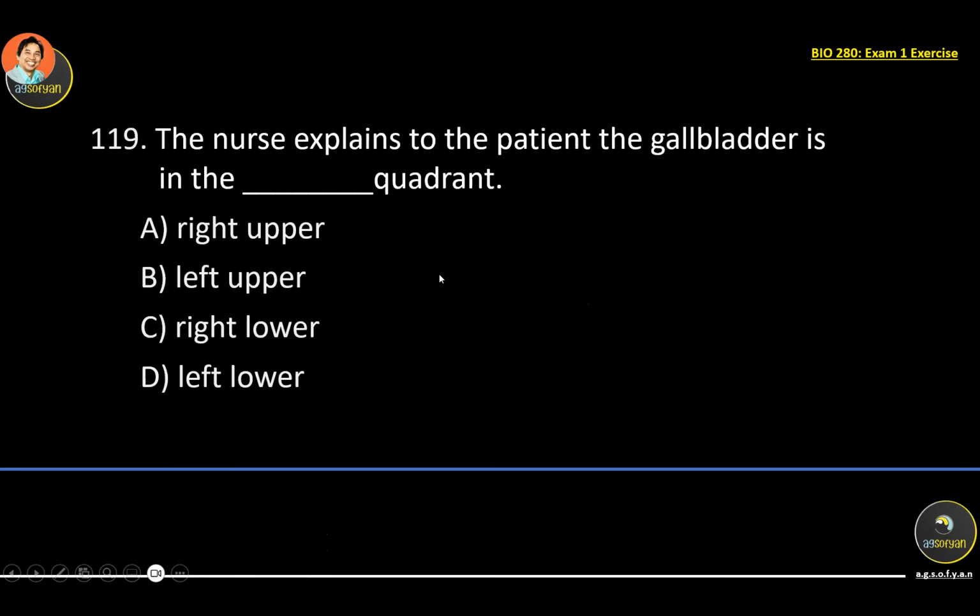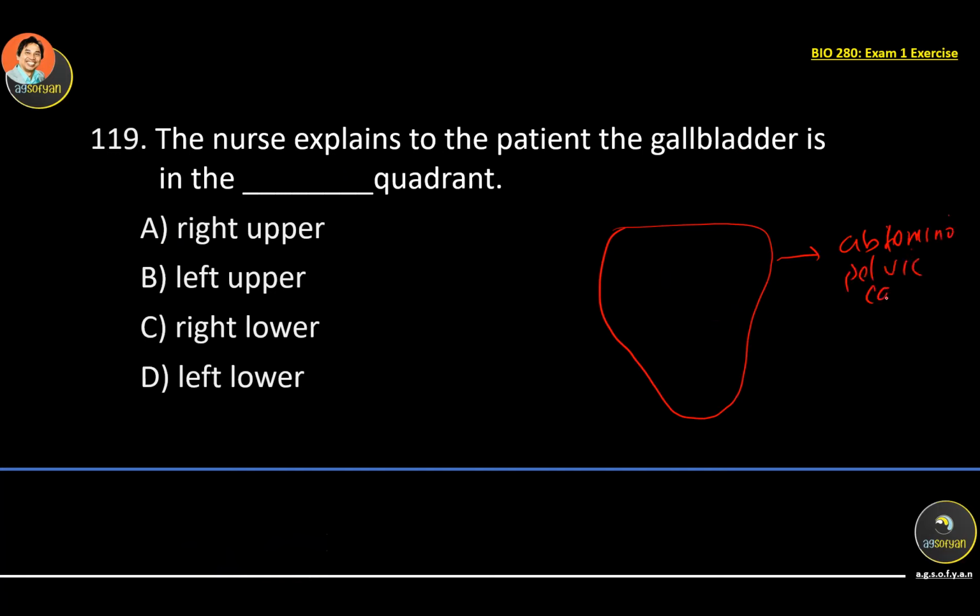The nurse explained to the patient that the gallbladder is in the blank quadrant. So let's say this is our abdominopelvic cavity, which is our belly area. Let's say this is the belly button over here, our navel. It can be divided into 4 quadrants like this.